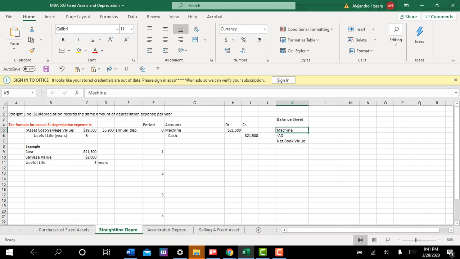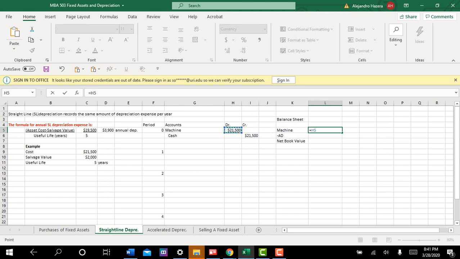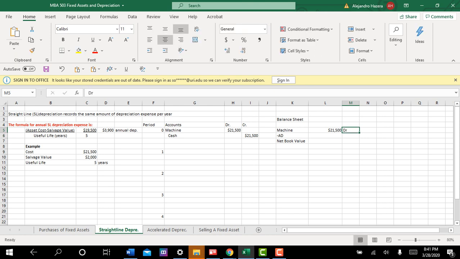Anyway, so at time period 0, I want you to notice something. You'll notice that at time period 0, we have a debit to the machine account for $21,500. Notice that accumulated depreciation is 0. There's no entry in this first journal entry. There's no impact on accumulated depreciation. There's only that debit right there.